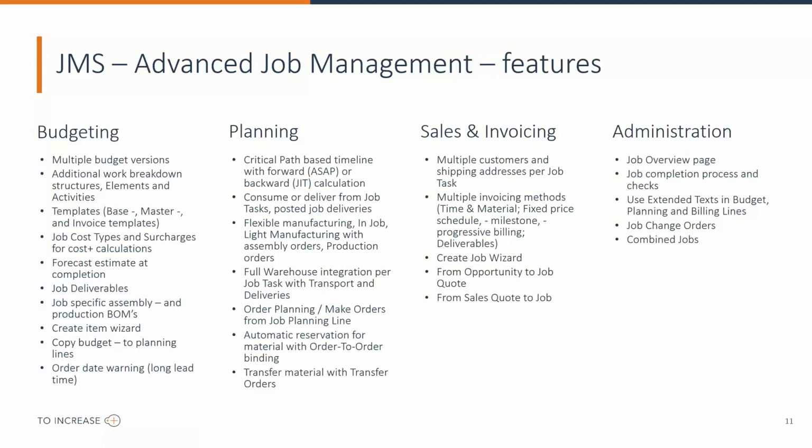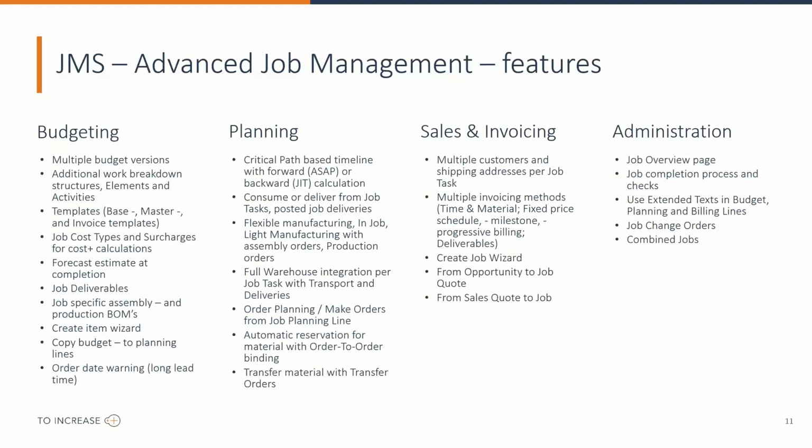But if you look at the budgeting, we have multiple budget versions. We have additional work breakdown structures. We can create projects from templates. We can group the costs in the job by cost types and add surcharges to that to cover your overheads and markups. We mentioned already the forecast and the job deliveries.